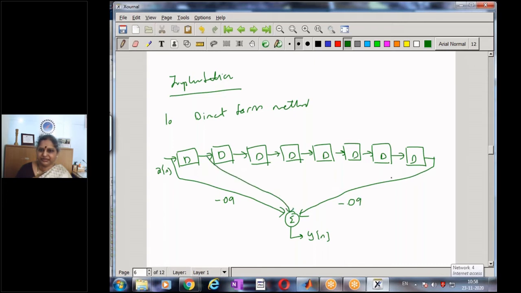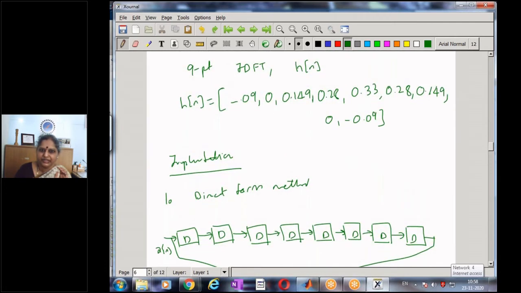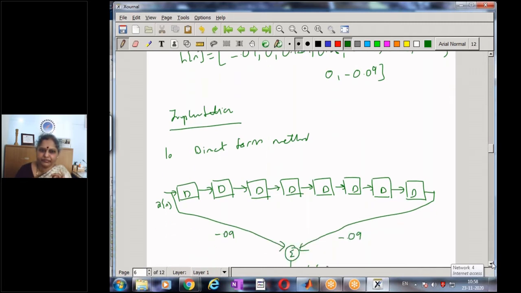The next, second value, sorry, the gain was 0, so I will not draw it. The second and the second last value have a gain of 0, so the branches with 0 gain are not drawn. The next is 0.149. So let me draw this, 0.149. So both of them have a gain of 0.149.